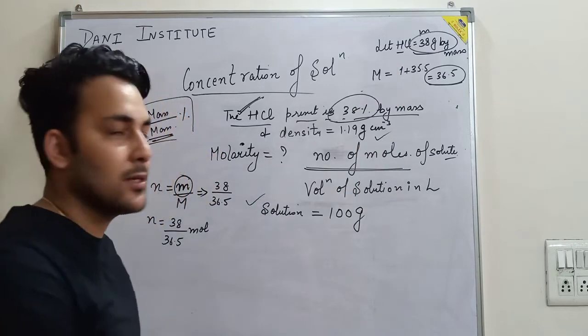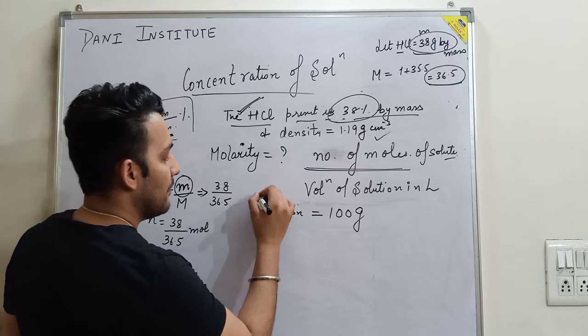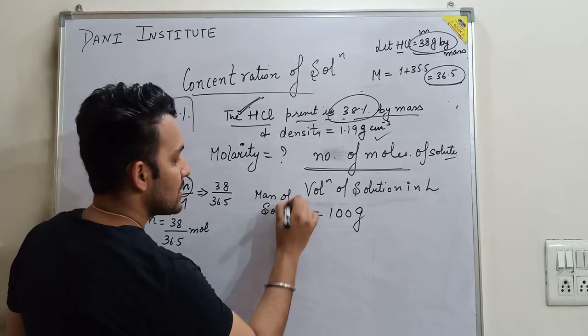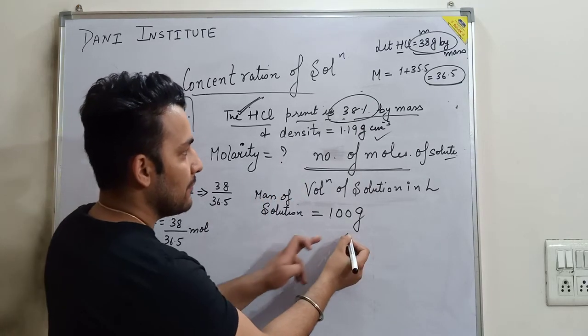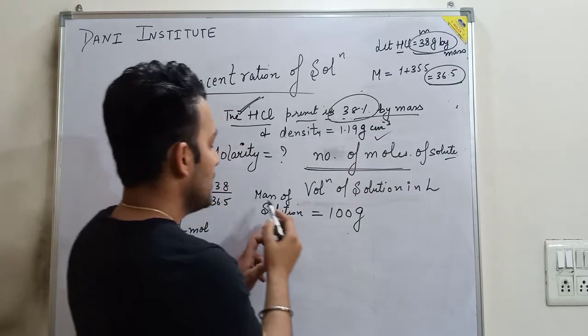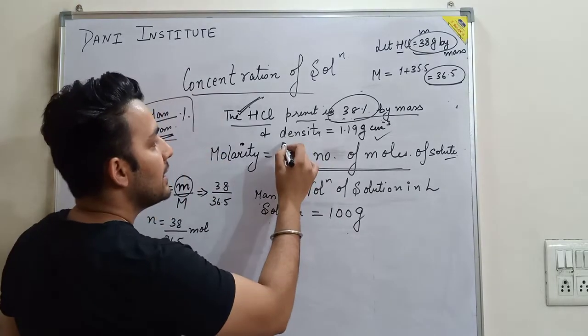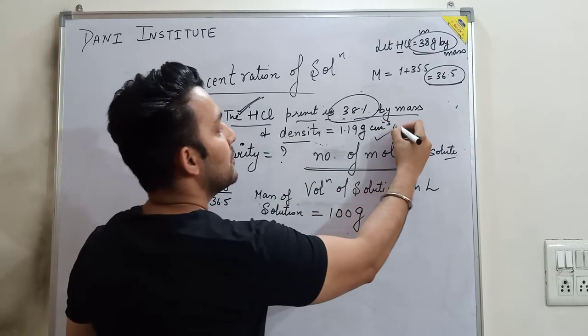This is the mass of solution, 100 gram, because here solute is given 38% by mass. So mass of solution is 100 gram. And density of solution is given.